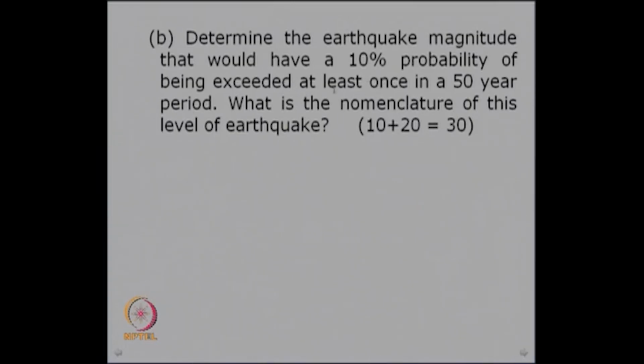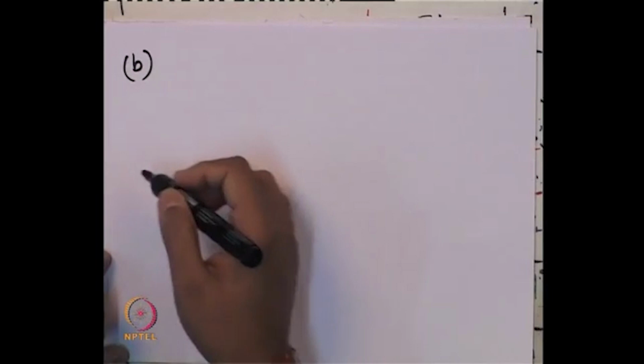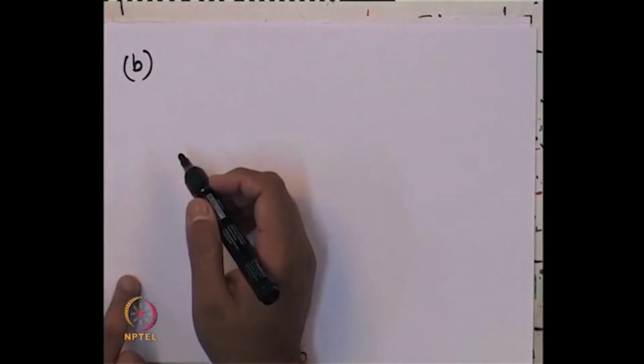Earlier the magnitude was given as 6.5 and it was asked what the probability would be. Now, the probability is given. This is more relevant when we design for any structure, that is, up to which level of magnitude you are going to design, as I have discussed earlier. So, what will be the solution for part B of this first question?